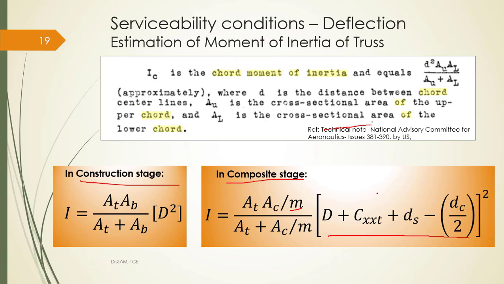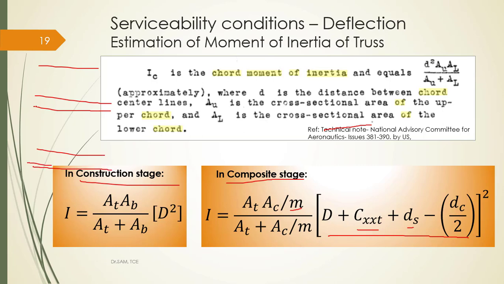Therefore this is to be calculated, and the distance is taken to the CG of the concrete. Here the top angle CG is not taken because the concrete slab is going to play the predominant role in the top portion. Therefore, D plus the top chord CG plus DS minus, and this is your concrete, top chord and bottom chord.